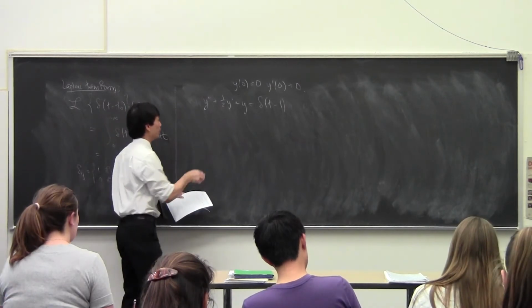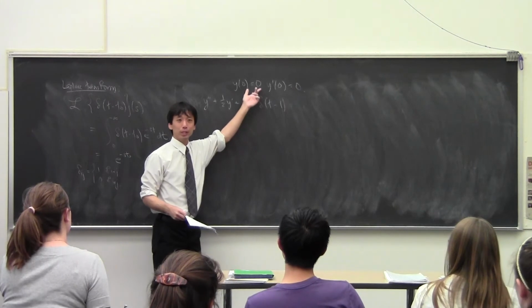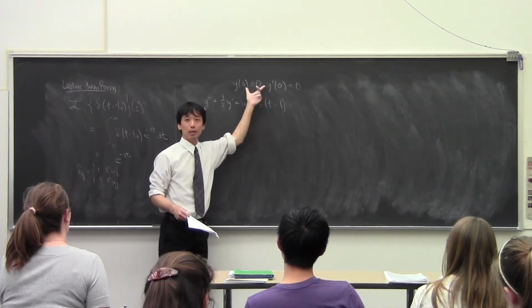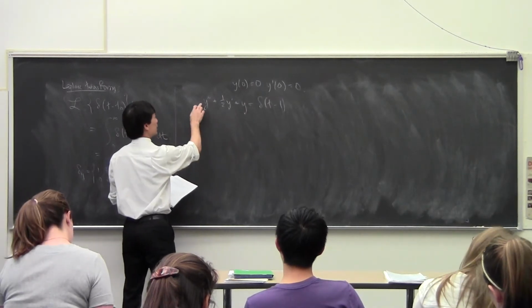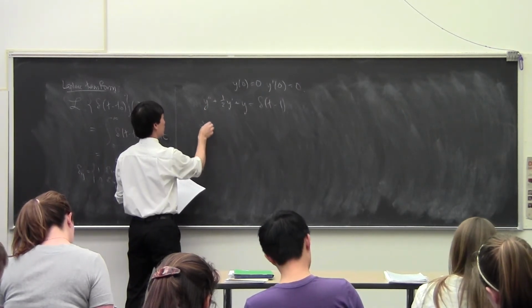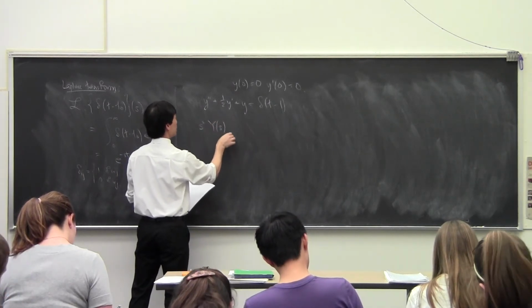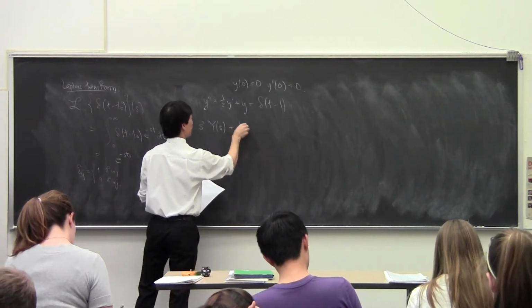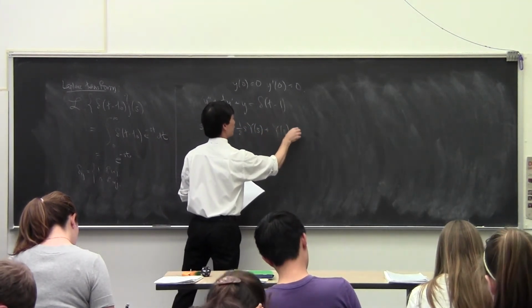As usual, you know what's going to happen. You take a Laplace transform, these things are set up so the constants match, right? So when we take the Laplace transform of y double prime, we're going to get s squared times the Laplace transform. Here we're going to get 1/2 s times the Laplace transform. And here we're going to get the Laplace transform, right?